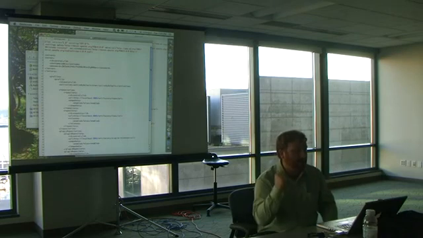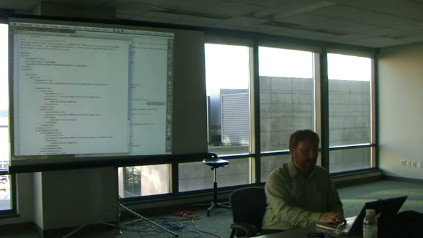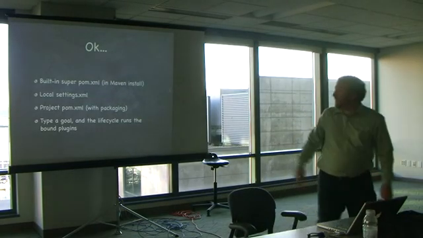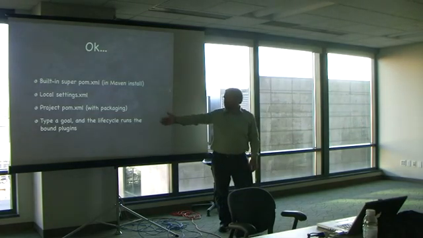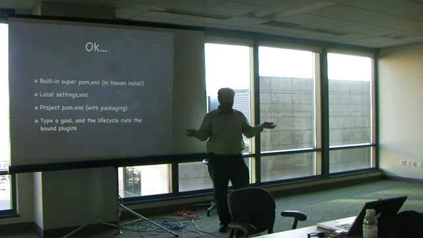So I don't want to put too much stuff in here, but certainly in an enterprise environment, it's very important. So that's the settings file, and then I have the pom.xml file. Basically, I type in a goal, and the lifecycle runs it, puts all that together, and that's what it's doing.